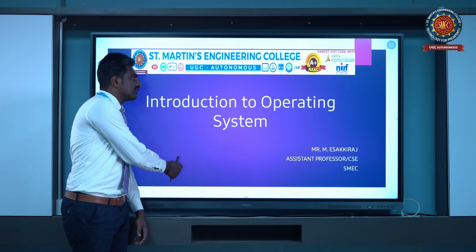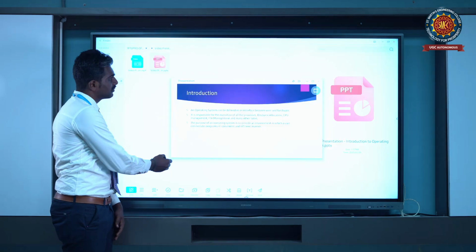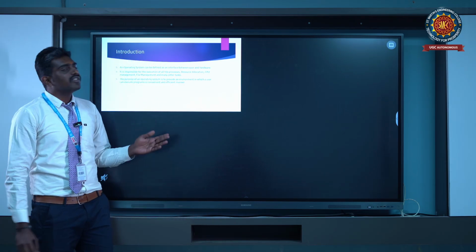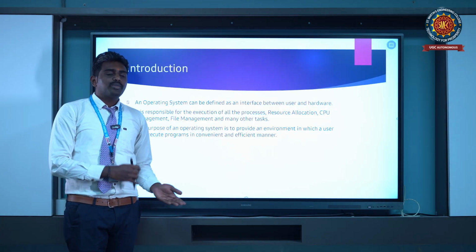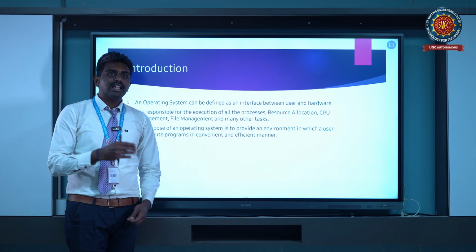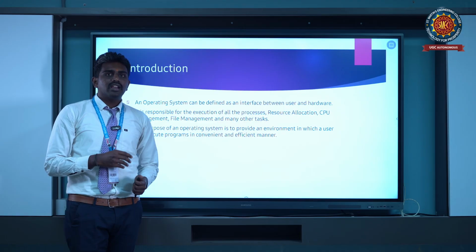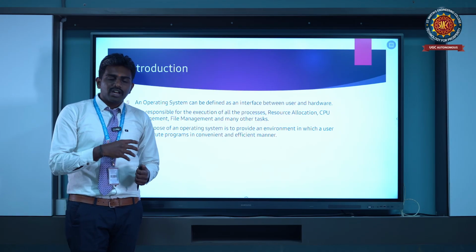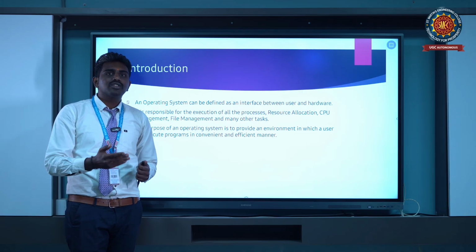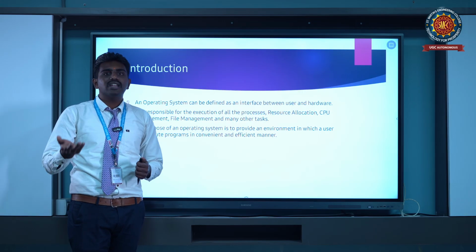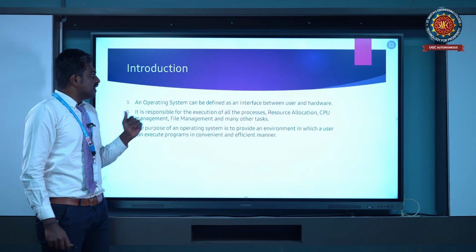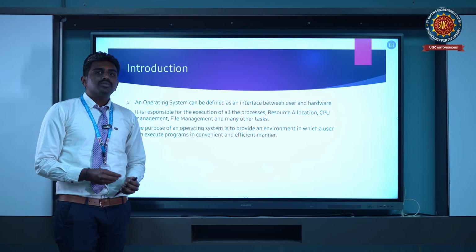First of all, we will see what an operating system is. The operating system is an interface between the user and the system. It interacts with the programs from the user side, and the user can pass the program to the system side, and the system has a lot of resources to implement the program, and it is responsible for executing it efficiently and confidently for the user.